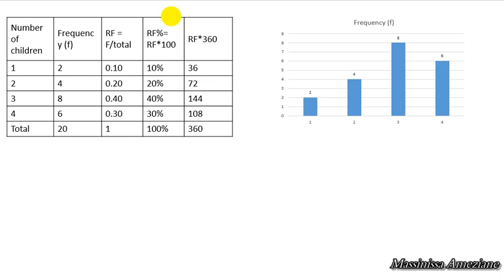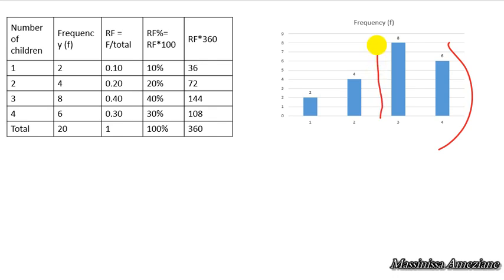Now once the data is summarized in a frequency table, we can choose a graph to visualize it. For discrete data, we use the bar chart. This one is the bar chart, a simple bar chart, where the height represents the frequencies.